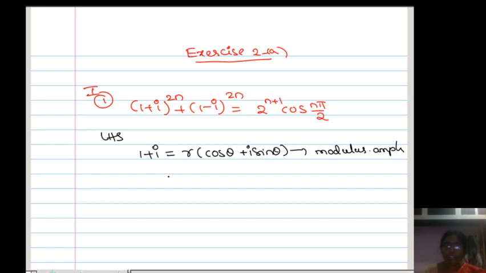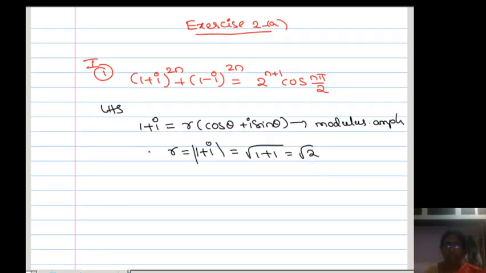What is r first of all? r is the modulus, mod of 1 plus i, which means under root 1 square plus 1 square, so root 2.